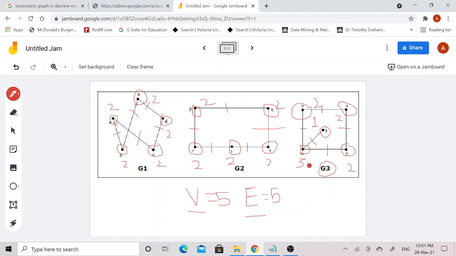So the degrees of vertices are not similar with graph 3, hence graph G3 is not isomorphic in nature with G1 and G2, whereas G1 and G2 are the two isomorphic graphs.